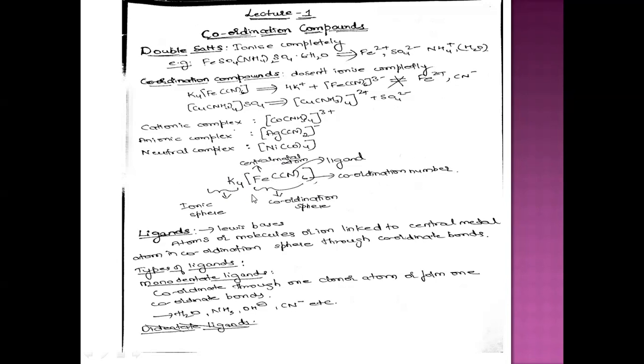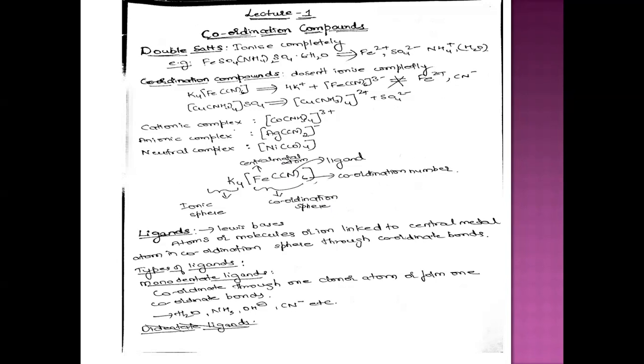Whatever is written inside the square bracket is said to be the coordination sphere, where the actual coordination bonding takes place.